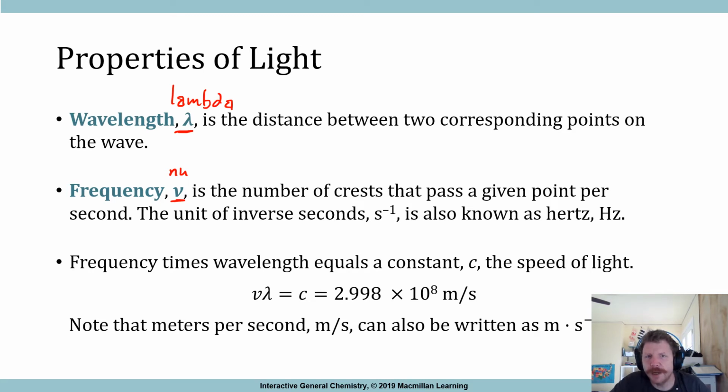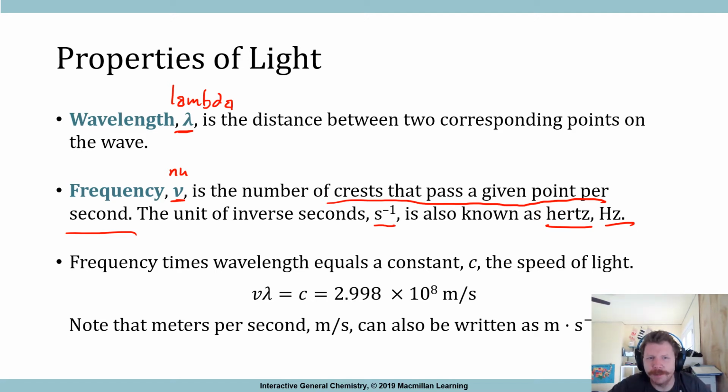So frequency is the number of crests that pass a given point per second. The inverse seconds, or s to the negative first, is also known as hertz, or Hz. You might be familiar with that with respect to Wi-Fi, where the frequency of those waves would be in megahertz or something like that.